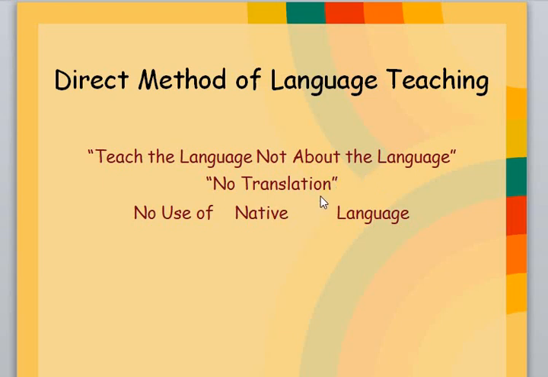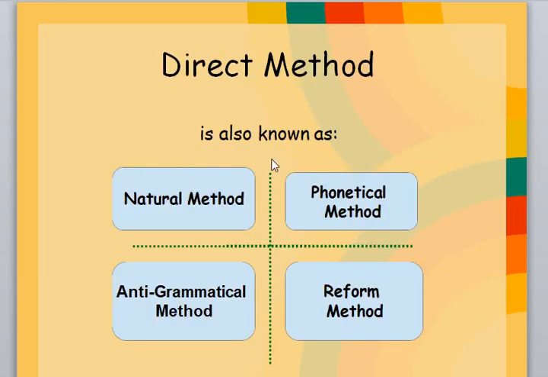Its slogan was no translation, no use of native language. They focused on teaching directly in the target language, which is English. This direct method is also known as the natural method, phonetical method, reform method, and anti-grammatical method.